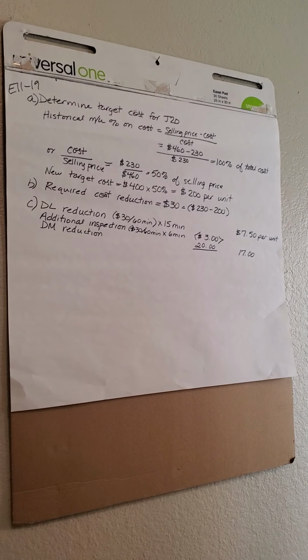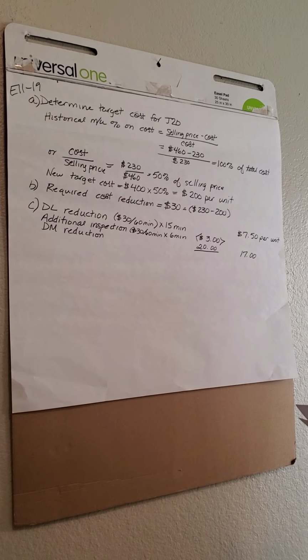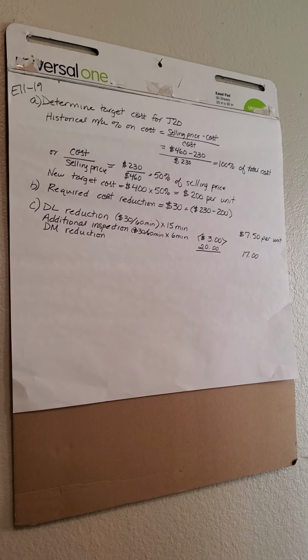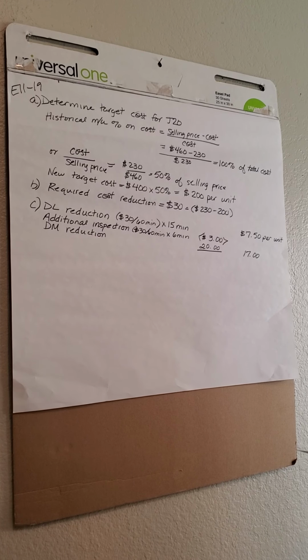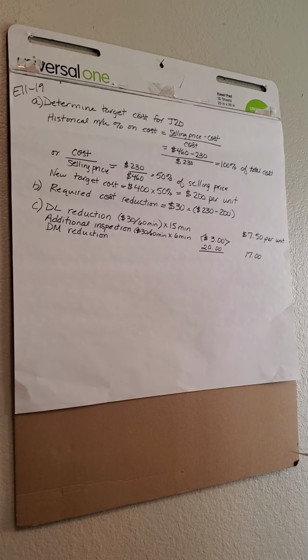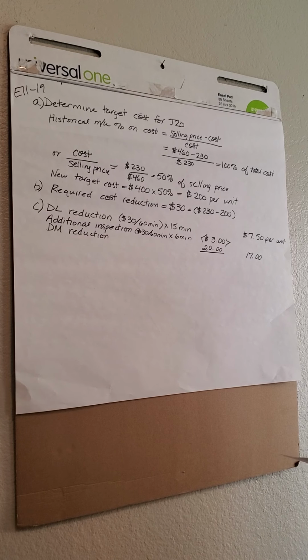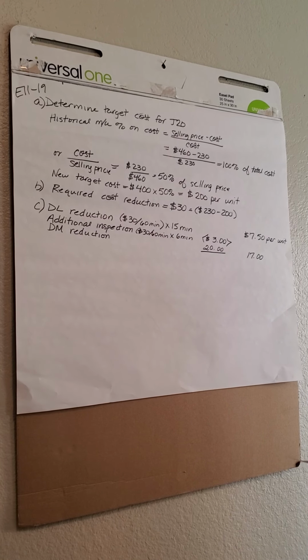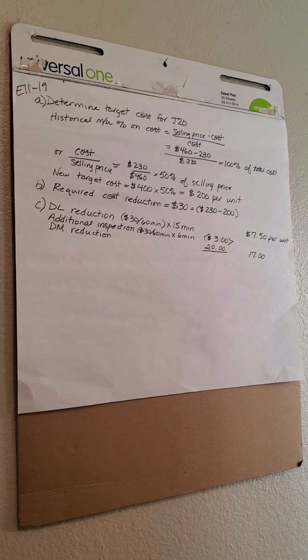And then the last one they have is the injection molding productivity improvement. This says decrease the cycle time of the injection molding machine from 4 minutes to 3 minutes per part. 40% of direct labor and 48% of the factory overhead are related to running the injection molding machines.